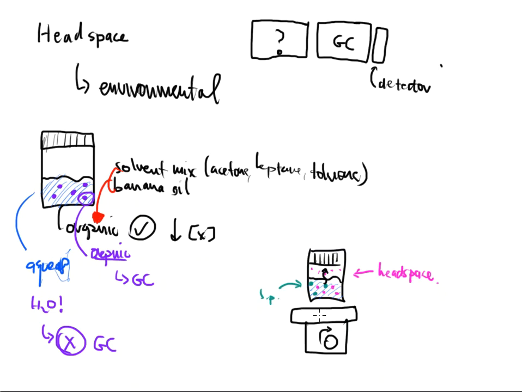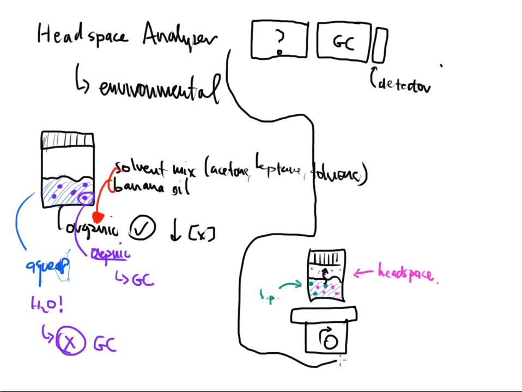This is the field of headspace. But guess what? It used to be manual. Not anymore. It's now an automated process. So when we talk about a headspace analyzer, what we are referring to is an instrument that can kind of do this idea for you.